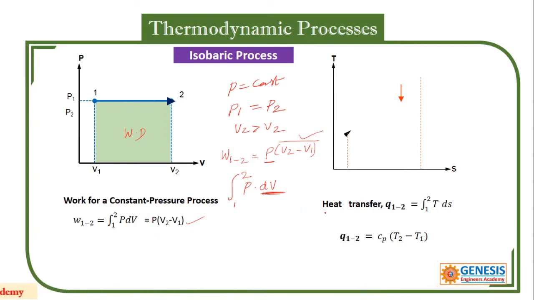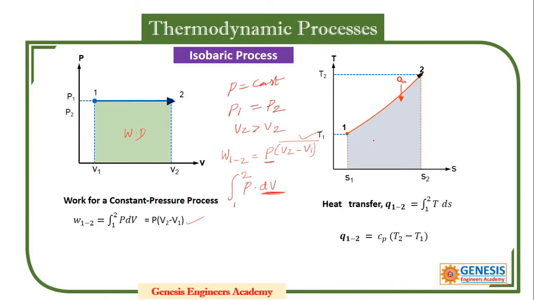Now we will move on to the temperature entropy diagram, that is the TS diagram. So on a TS diagram, it is a curve; at point 1, that is state 1, the temperature is T1 and entropy is S1, and T2, S2 at point or state 2.